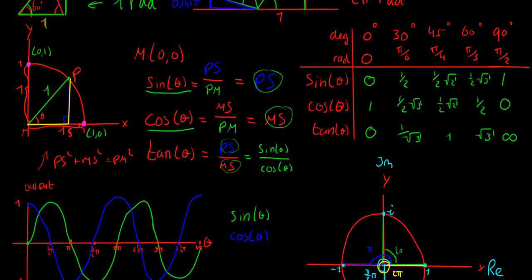PM is 1, so 1 squared is still 1. PS squared is sine squared, so sine of theta squared plus cosine of theta squared is 1. So if these angles are the same, sine squared plus cosine squared is 1. And this is a very important property.